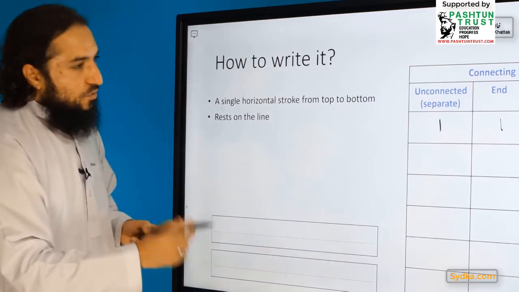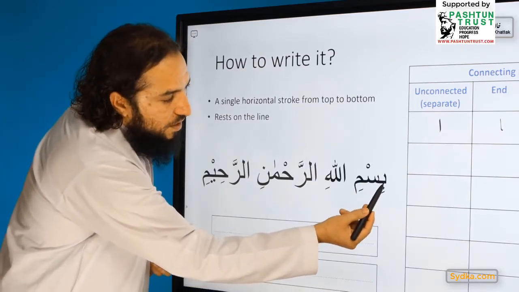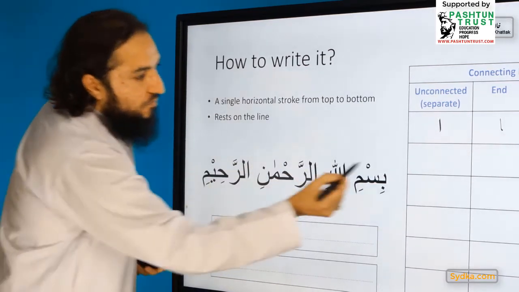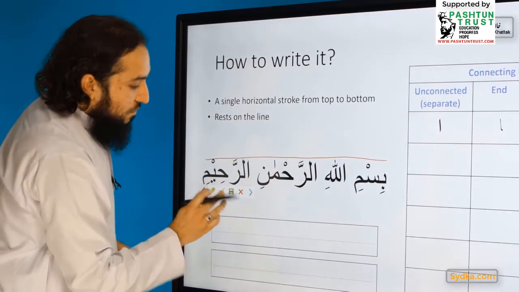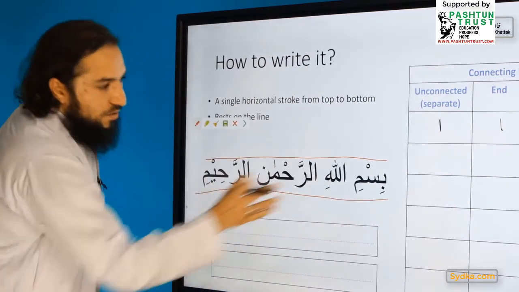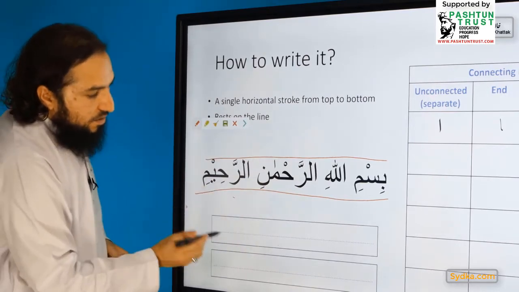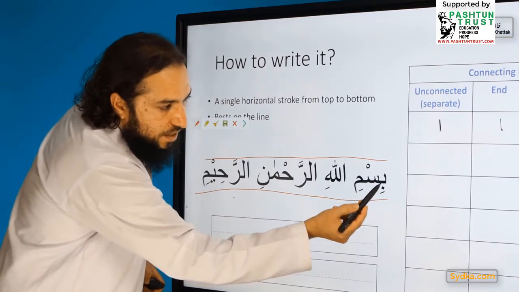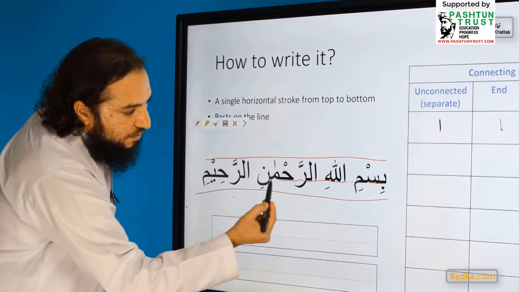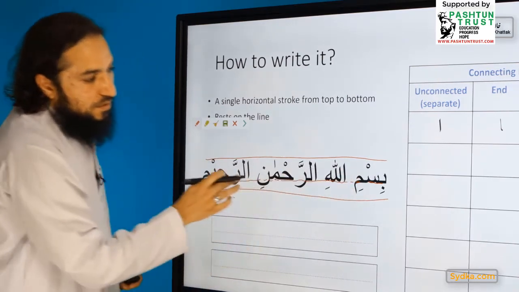Let's suppose this whole text is written between two lines, and every letter rests on this imaginary line.